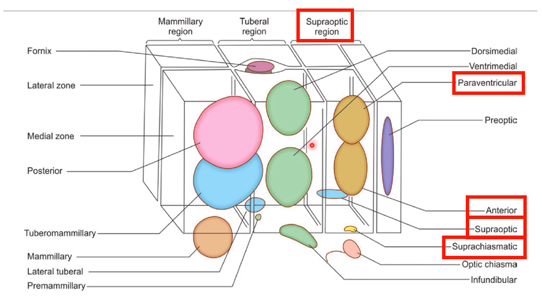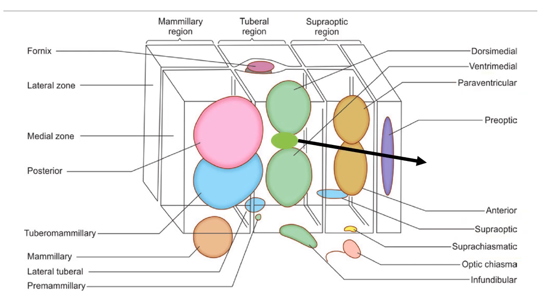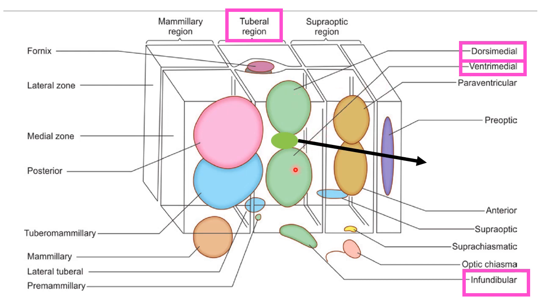Now let us move posteriorly. What is present here? Posteriorly, that region is called the tuberal region. The tuberal region consists of, first, the infundibular nuclei. Then we can identify the dorsomedial nuclei. Then you can identify the ventromedial nuclei.